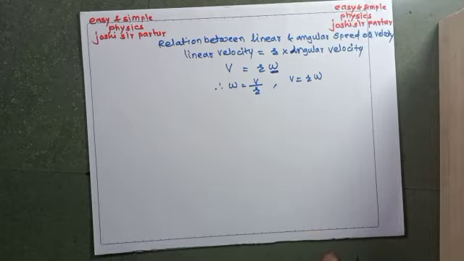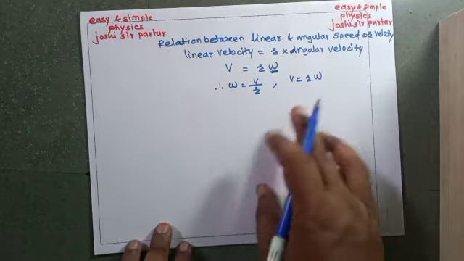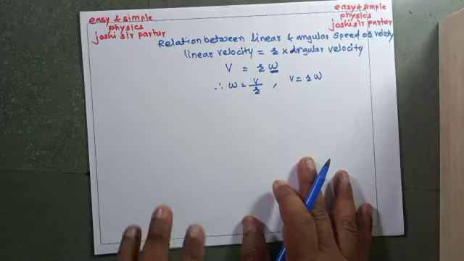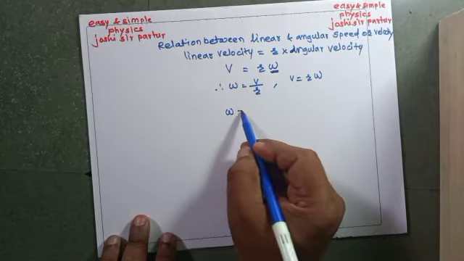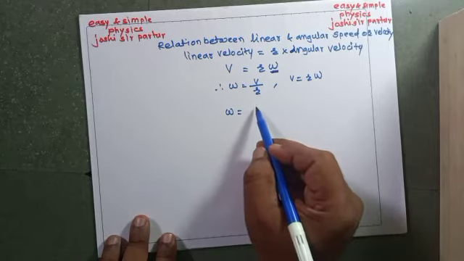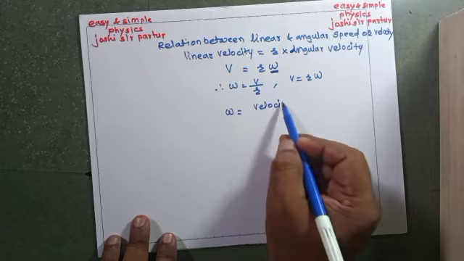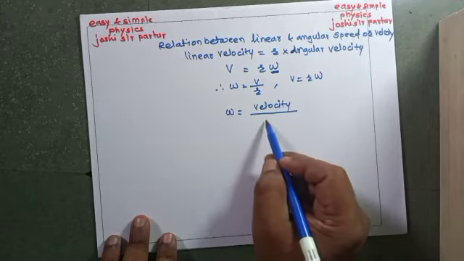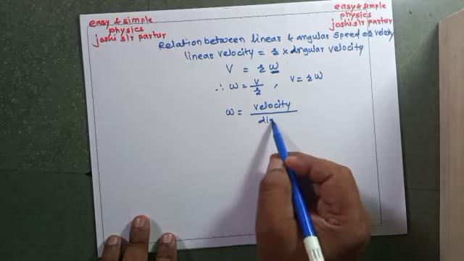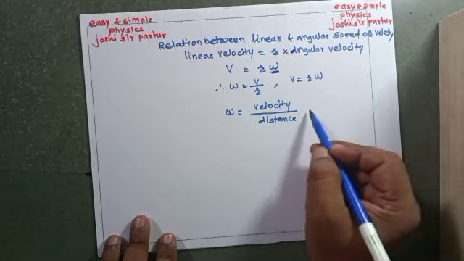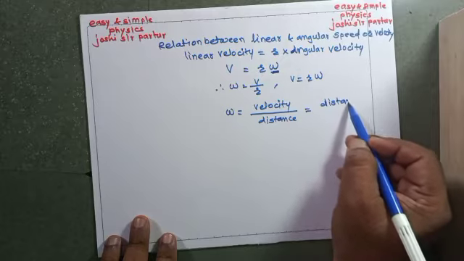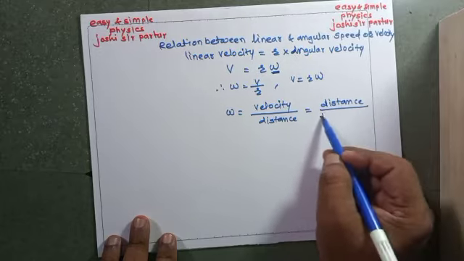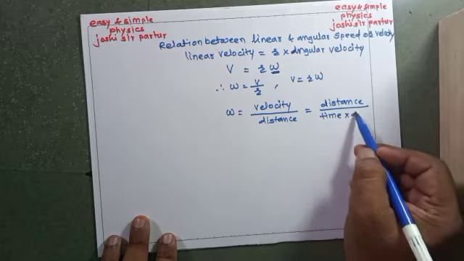If we see the relation, we can find the distance from this, and we can find the angular velocity from this relation. So omega is equal to linear velocity divided by radius, meaning distance. Velocity is distance upon time, divided by distance.